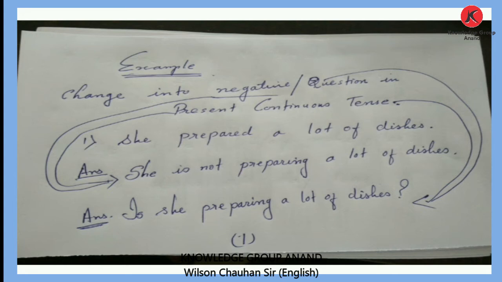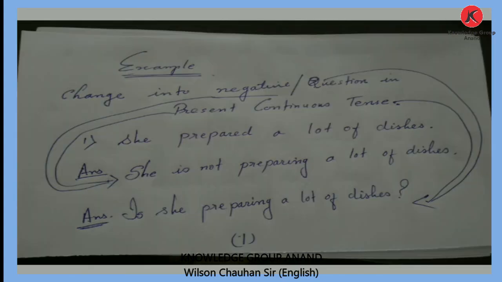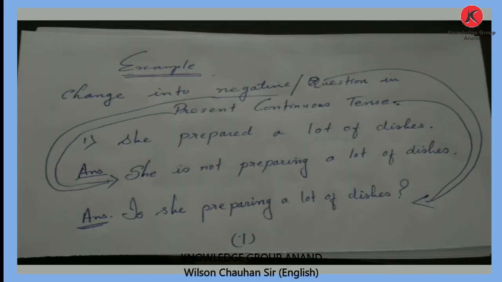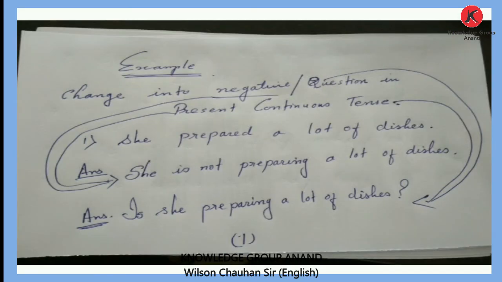So you can change into negative, and at the same time you can also change into question. Now I hope it is very clear what you need to be doing.